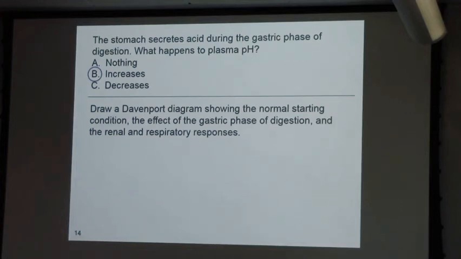So rather than force you to do it again, I'll see whether you got it right on the test. Okay, so we're not going to do that. On the test, I asked you to show me the renal response, but there would also be a respiratory response to this metabolic alkalosis, which I could ask you about on the final.